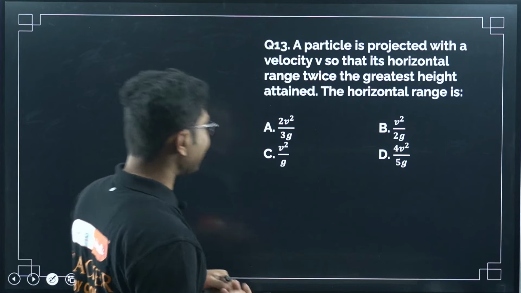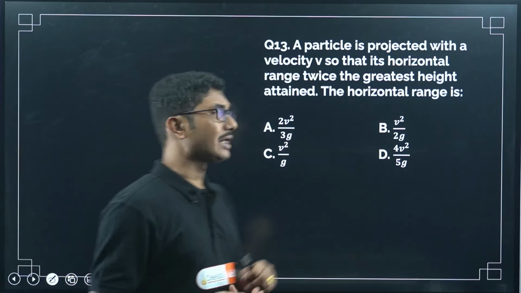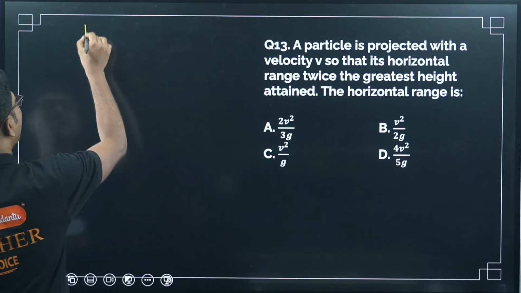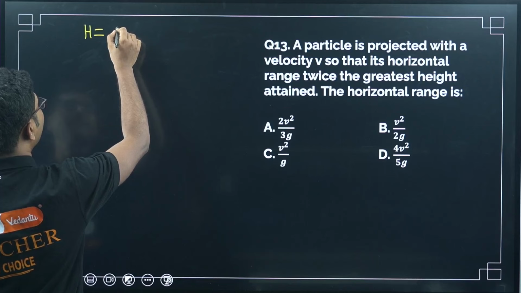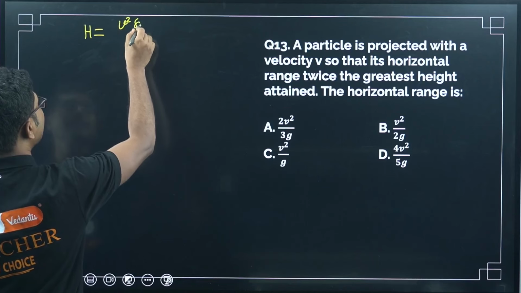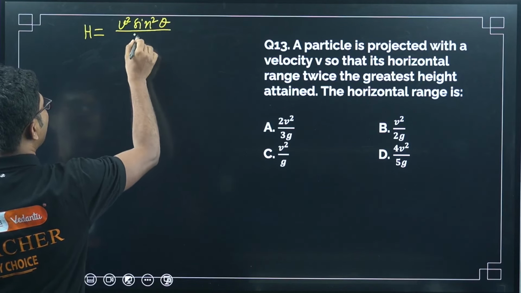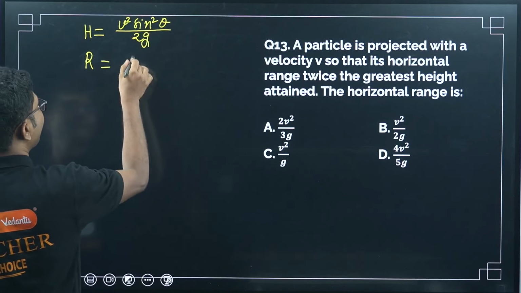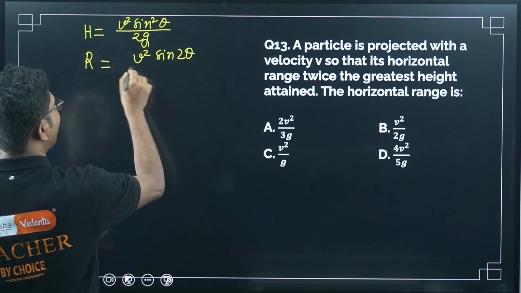Now next question. A particle is projected with a velocity so that its horizontal range is twice the greatest height attained. The horizontal range is. So this question I have solved during our class, so let me solve it quickly. What is the formula for horizontal range? Greatest height is given by v square sine square theta by 2g, and range is given by v square sine 2 theta by g.